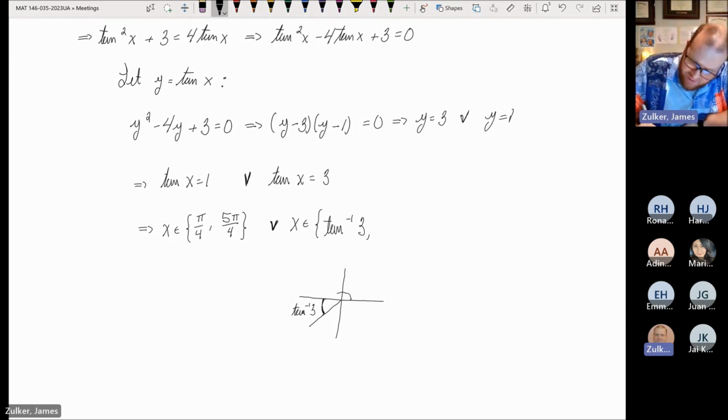We want this angle. So we just take the inverse tangent of 3 and add pi to it.